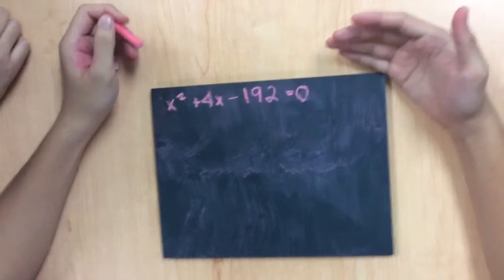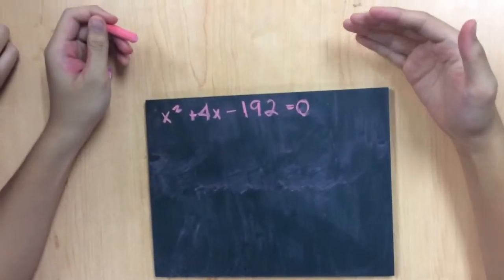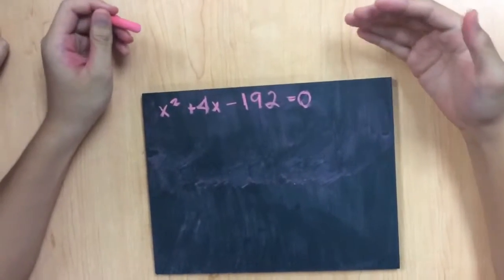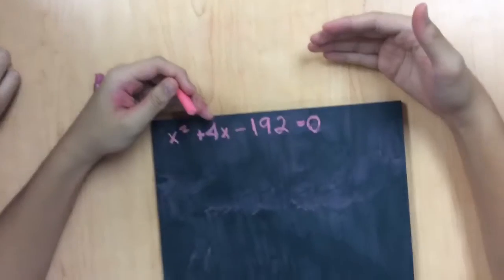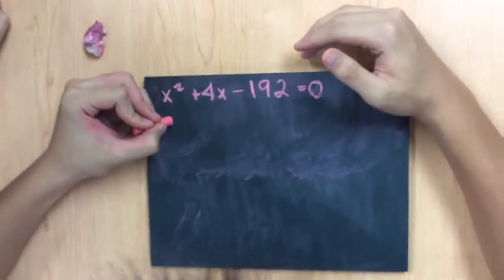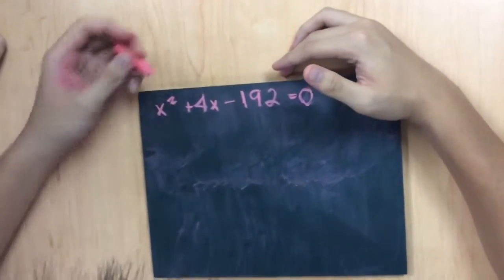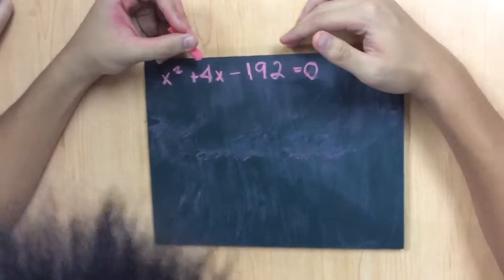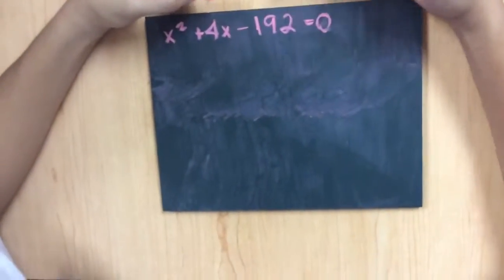So now we have this equation, which came from simplifying (x plus 9) times (x minus 5) equal to 147. Since this is simplified, all we have to do is factor it. To factor it, you need two numbers that add up to 4 and multiply to negative 192.